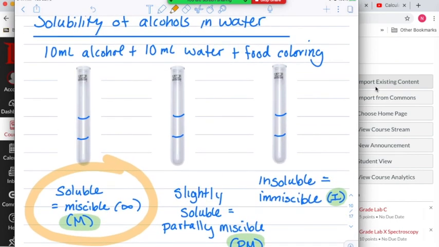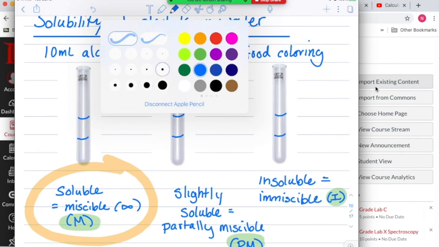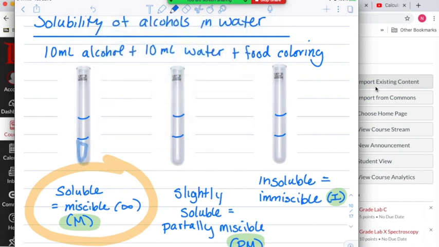If you were to do this, first thing is we're going to put water with food coloring in there. I'm going to color the water, that way we know where it is. Here's our water right here. We also refer to this as our aqueous layer.